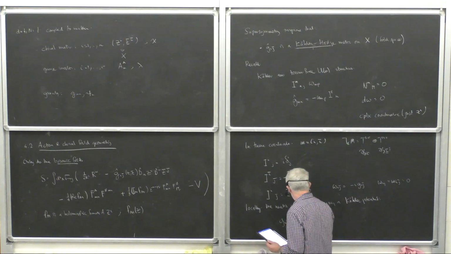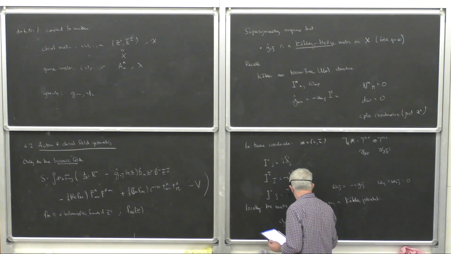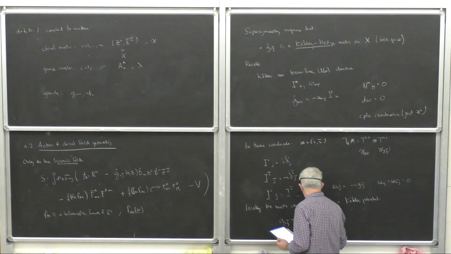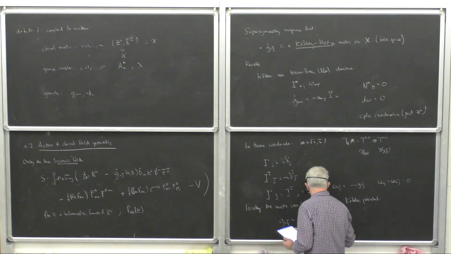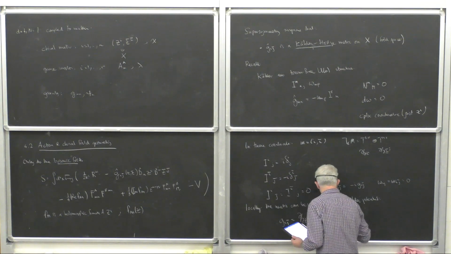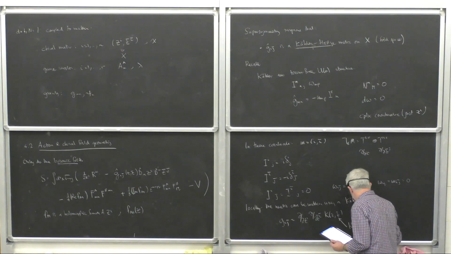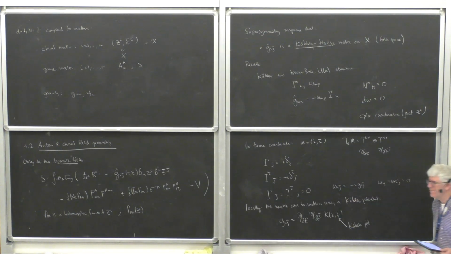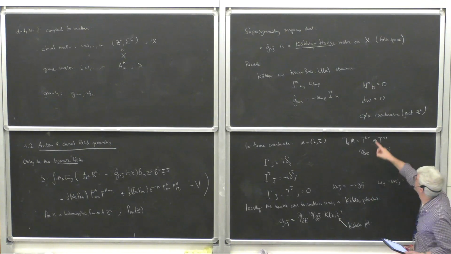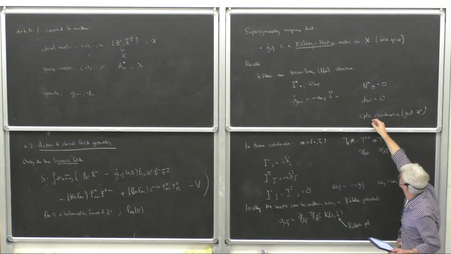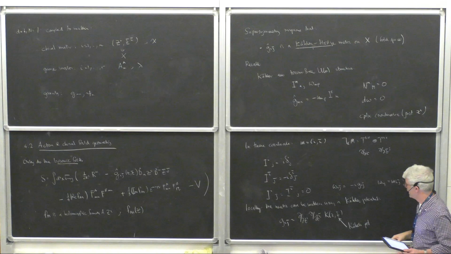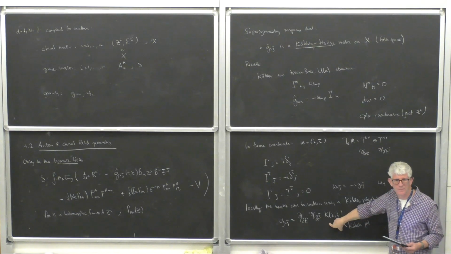I can write it as d by dz^i, d by dz bar j bar of some function K of z and z bar. And this is called the Kähler potential. Okay? Because of this condition, it means that I can write this in this way.